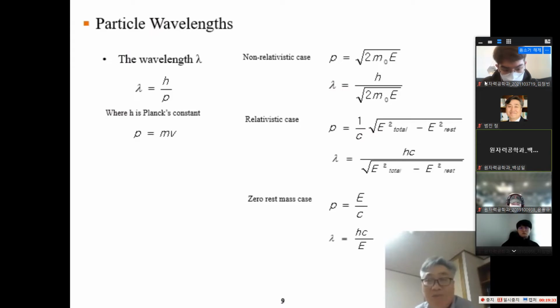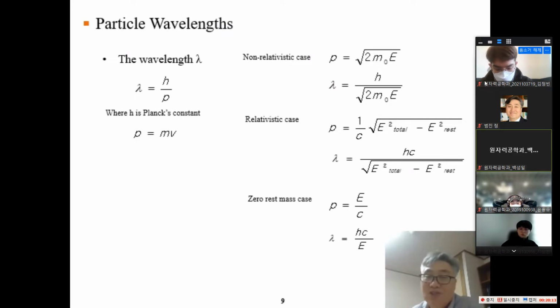So lambda, the wavelength, equals the Planck constant h divided by p, the momentum. For the non-relativistic case, momentum can be expressed like this: p equals square root of 2mE. So we put the definition of p into the left-hand side. Then the wavelength lambda equals h over square root of 2m0E.